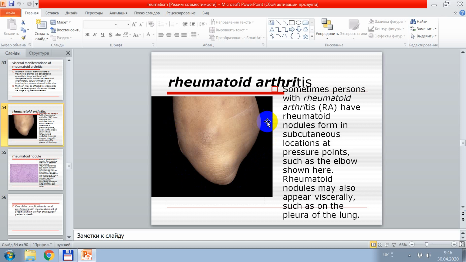Attention, in this picture is a rheumatoid nodule in rheumatoid arthritis. Sometimes persons with rheumatoid arthritis have rheumatoid nodules form in subcutaneous localization at pressure points such as an elbow shown here. Rheumatoid nodules may also appear viscerally, such as on the pleura of the lung.